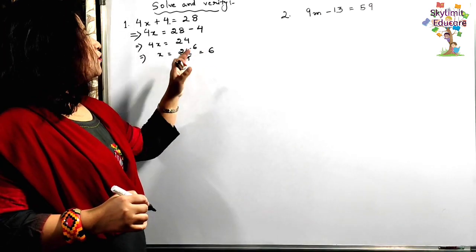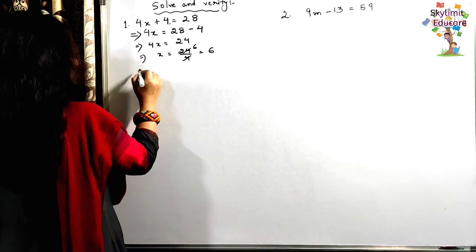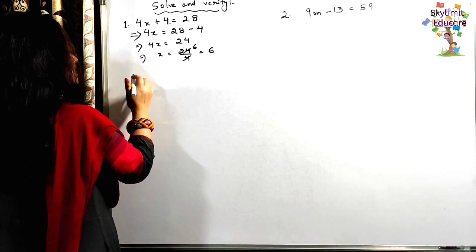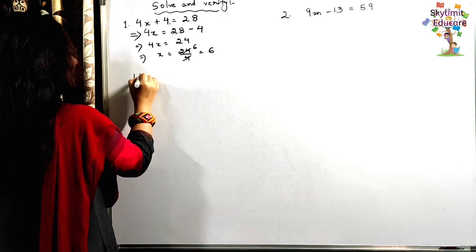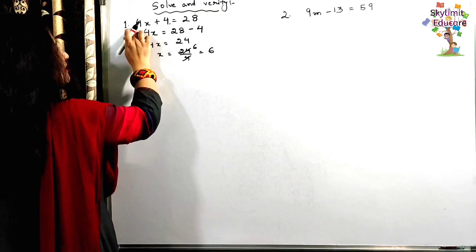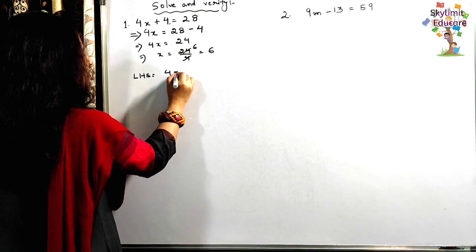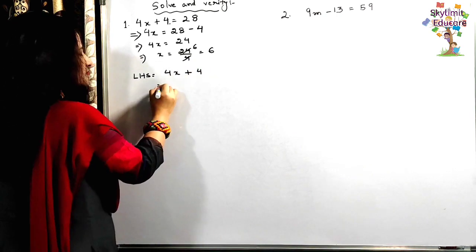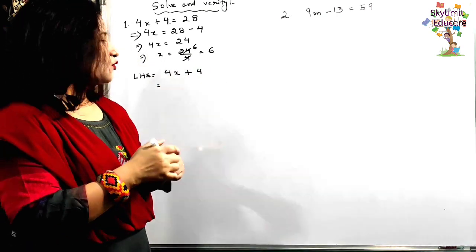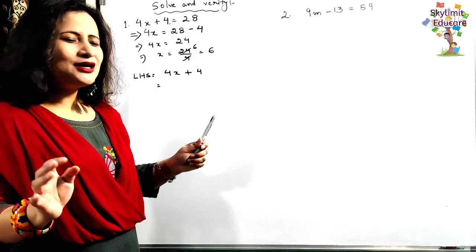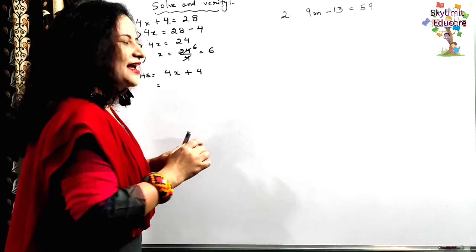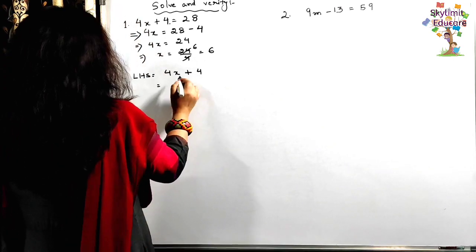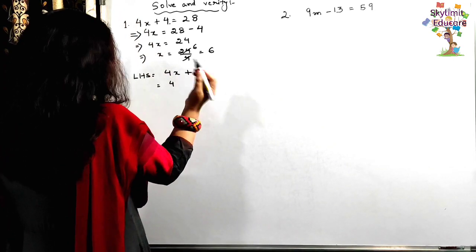Now next, we are going to verify. For verification, students, there are two methods. I will solve using one method here. Left hand side, LHS. What is the left hand side? Left hand side is 4x plus 4. You have already read algebra, you know how to substitute the value of x. Since we have got x equals 6, we are going to substitute the value of x. 4x means 4 is multiplied to x.